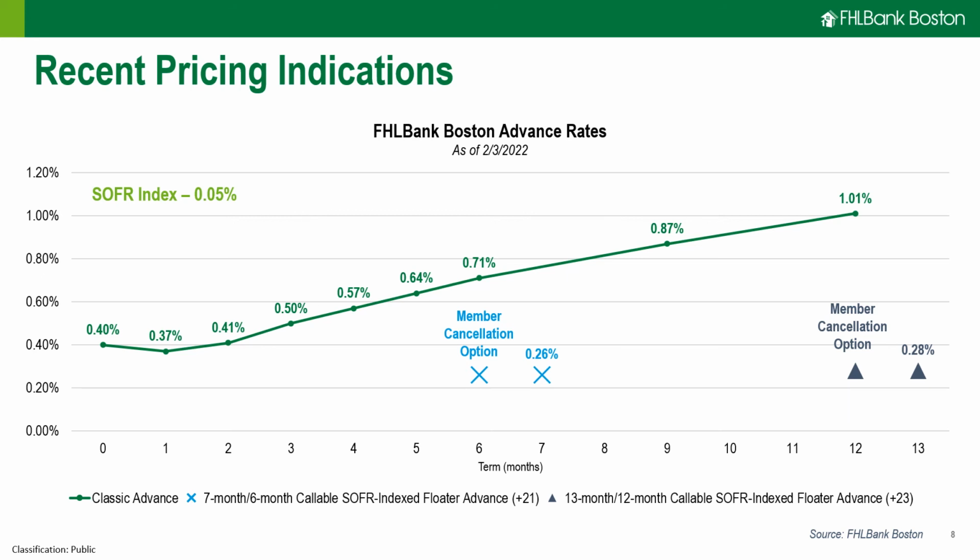So it provides some opportunity for those members who are asset sensitive or inclined to think, as we spoke about previously, that rate hikes may not be coming at the pace and magnitude that is currently being baked into the expectations. That would provide some value and flexibility to minimize funding cost.